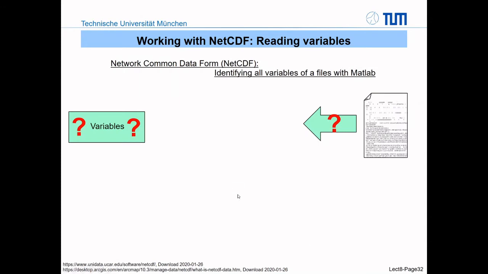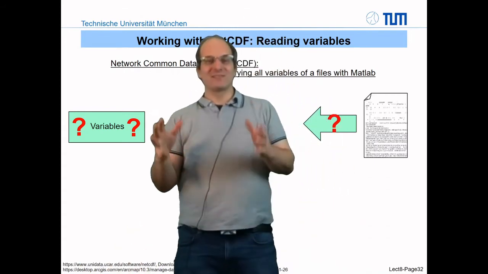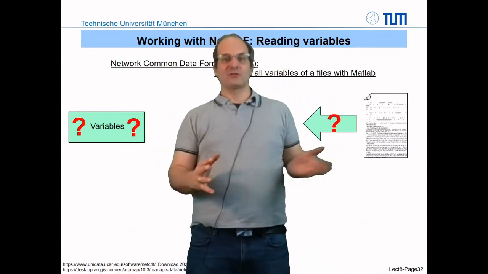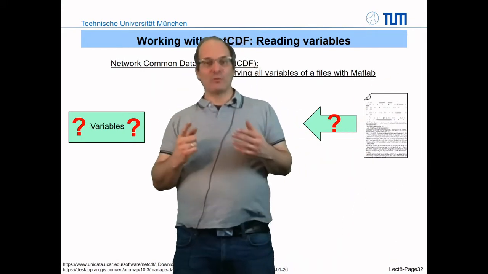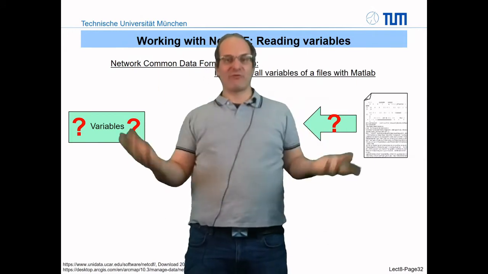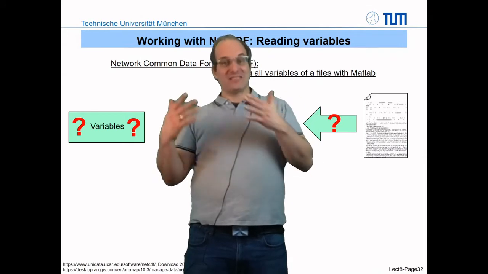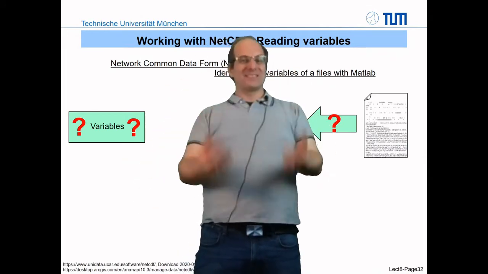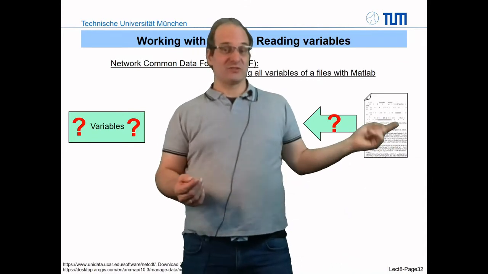So what do you do now, for example, if you don't know the content of the file? For example, you have a binary file. Remember what we had with our altimetry data. If you just get the binary file, it doesn't help you too much. So we needed this description. This is the big disadvantage in binary formats, and here it's almost the same.